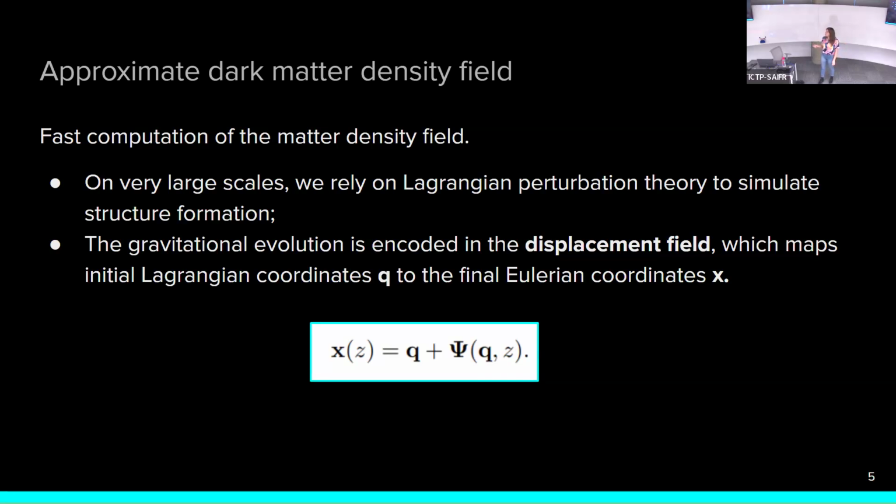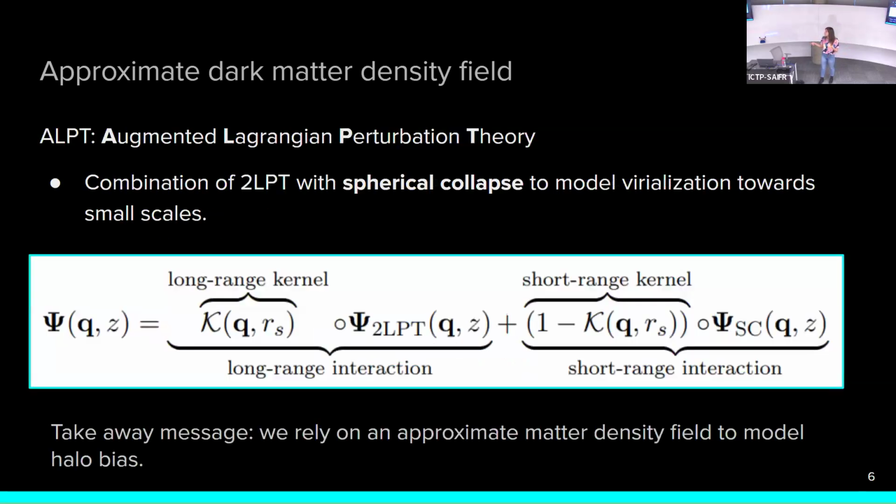But then we know that this is only precise up to some scale, so the idea of ALPT, the augmented Lagrangian perturbation theory, is to combine this displacement field that models the larger scales with another one to model smaller scales. This displacement field models the spherical collapse, the realization towards small scales.